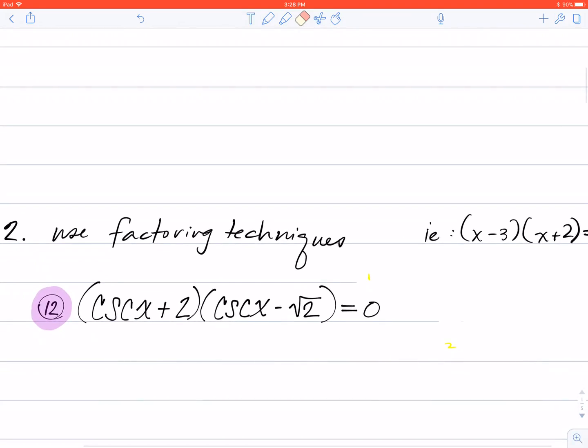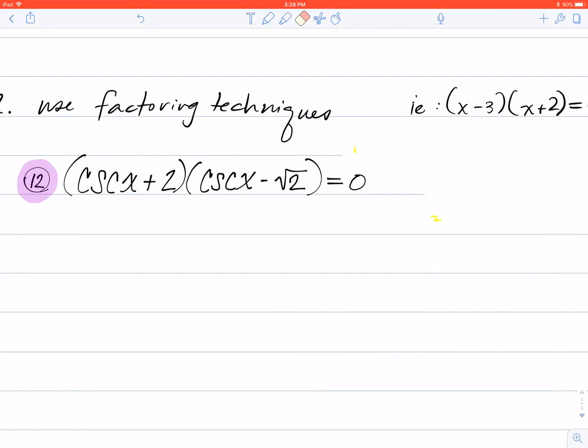The second example is that you can use factoring techniques. And I'm actually going to run into this twice during this video. So you'll notice that on number 12 here, I already have the factors cosecant of x plus 2 times the factor cosecant of x minus the square root of 2 is equal to 0.